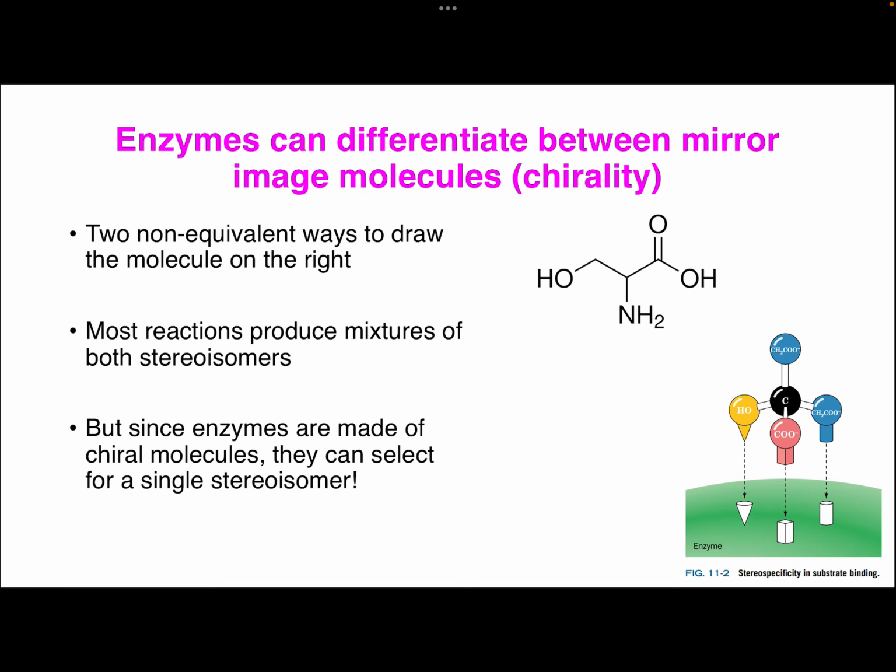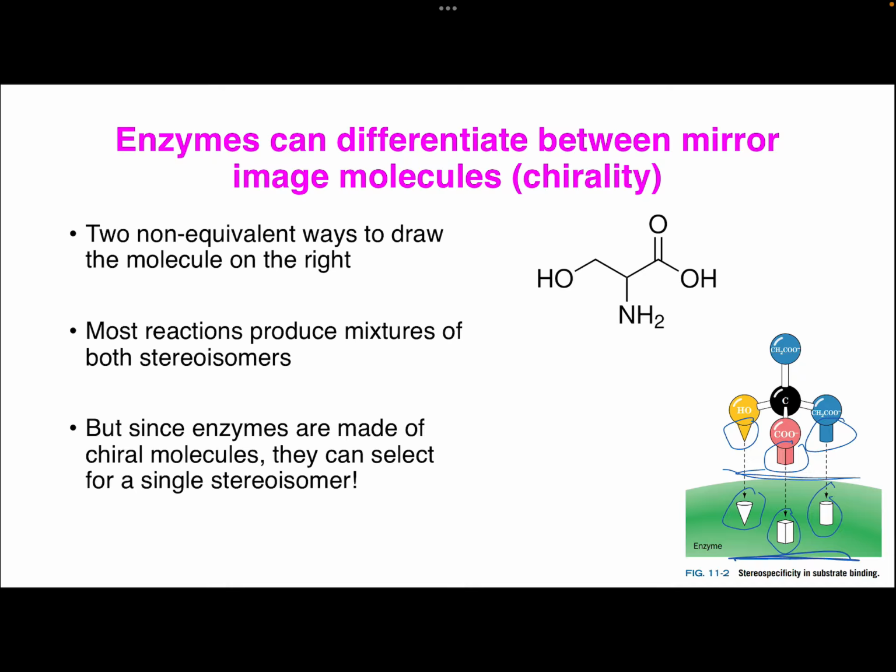All right, so you can see that here. So here our groups are very specific, and they are looking for very specific complements on the substrate that's binding. All right, so if any of these is not in the right place, we're not going to be able to get that interaction forming. That molecule is not going to bind.